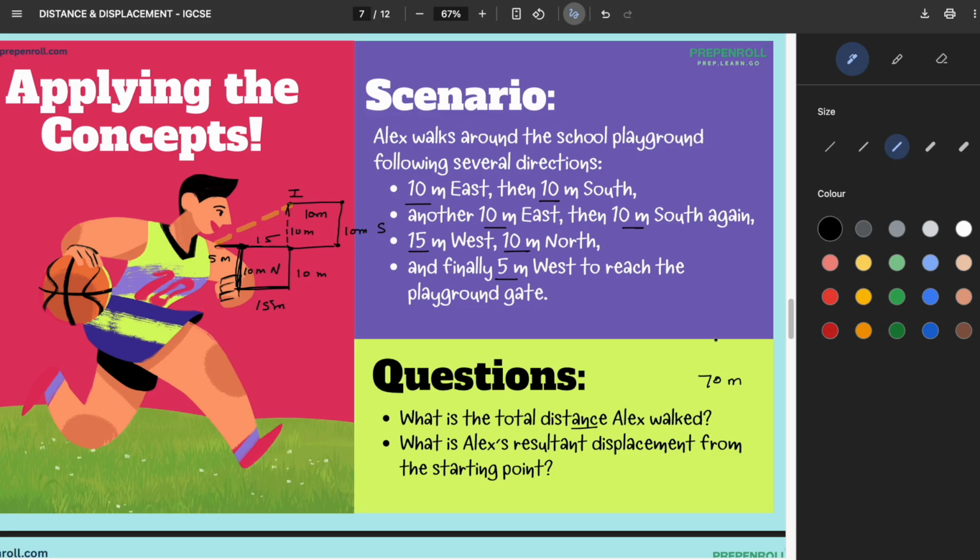So I got a triangle where my perpendicular is 10 meter and the other side is 15 meter. So I would use the Pythagoras theorem to find the displacement. It is 10 squared plus 15 squared, and that gives you your answer. I hope we are clear with this question.